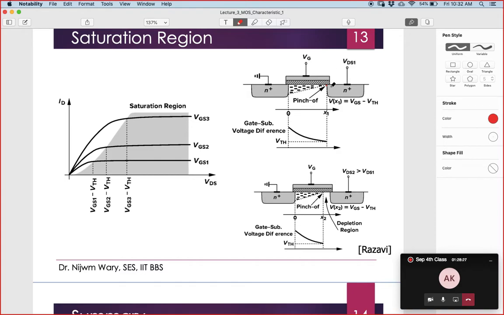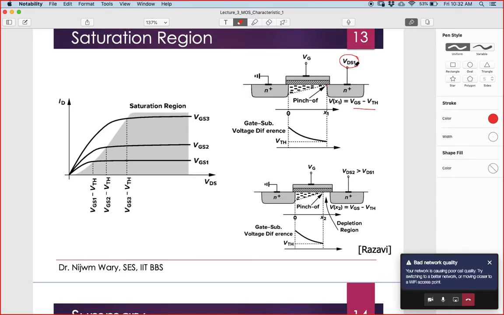We know that to form a channel, VGS minus VTH is required, and because VDS is equal to VGS minus VTH, no channel will be formed here. So pinch off: at this point, no channel will be formed.